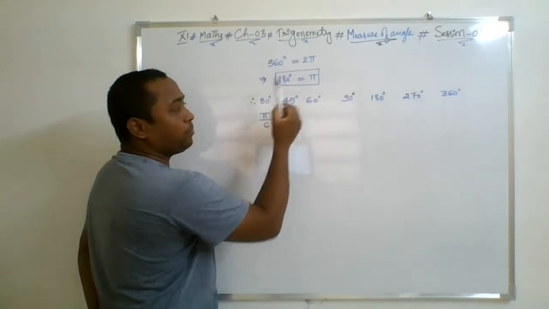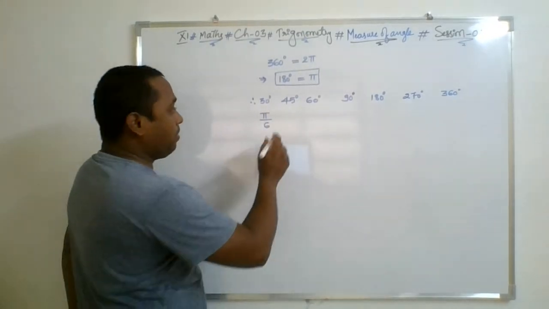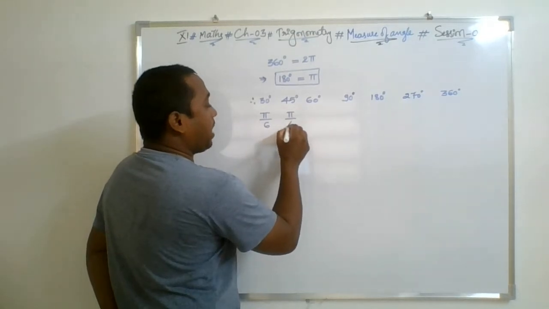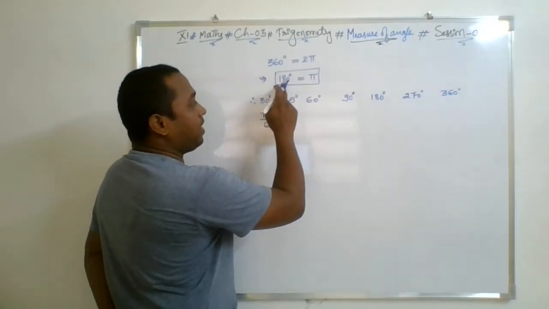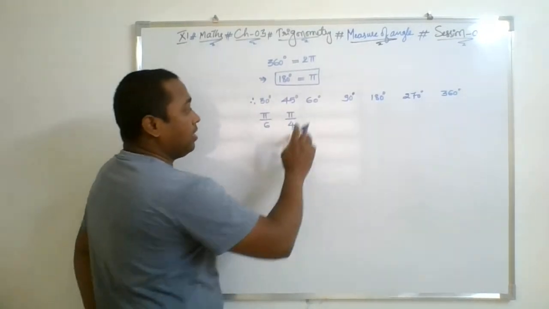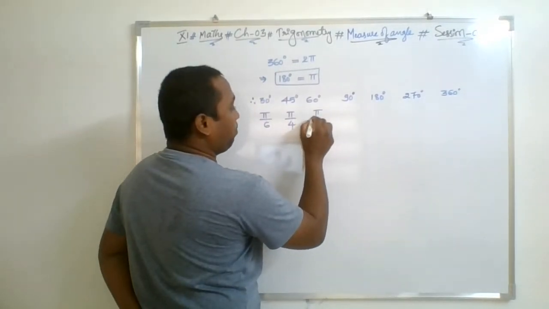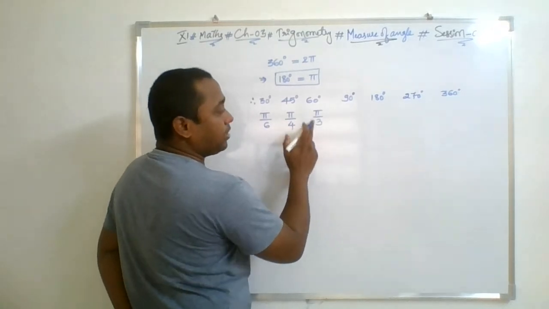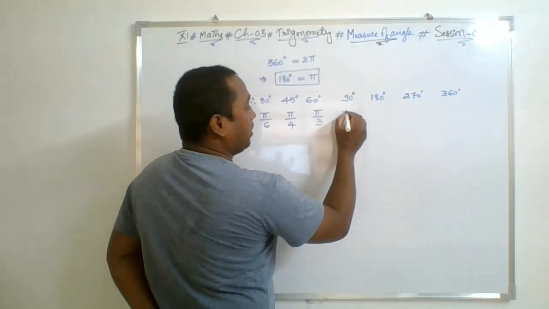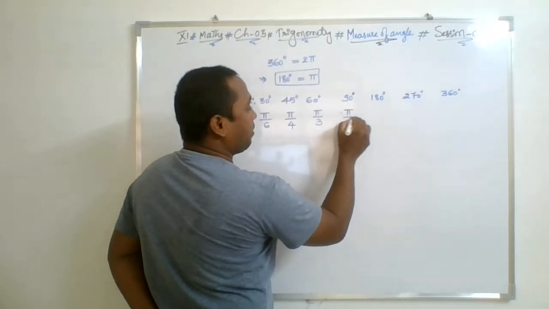So 30 degrees means pi by 6. Similarly, 45 degrees is pi by 4. If I divide 180 by 4, I get 45 degrees. Similarly, 60 degrees means pi by 3. 180 को 3 से divide करिए, you will get 60 degrees. 90 degrees means pi by 2.